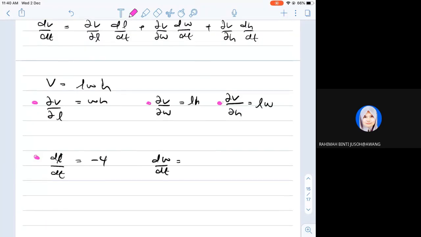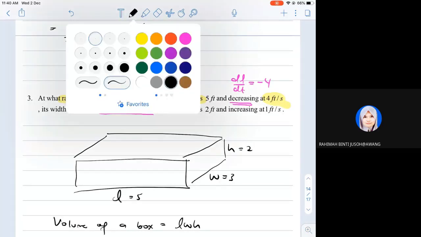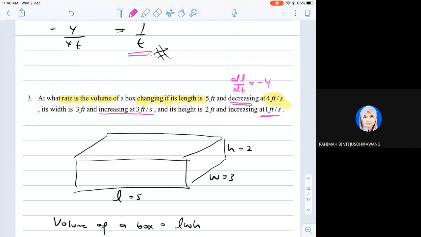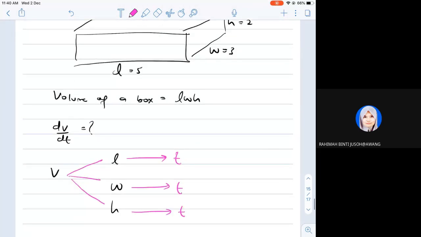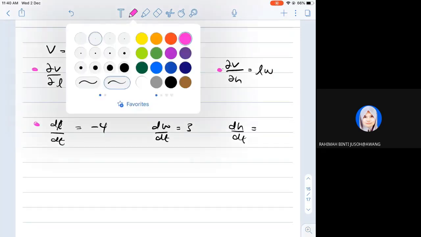So, equals to 3 lah. Positif, tak ada apa. Next, dh over dt. The rate of change of height. Height, we have 1, increasing at 1. So, equals to 1.